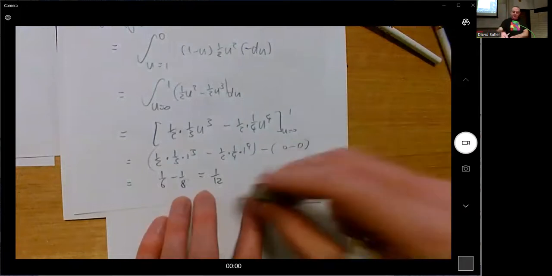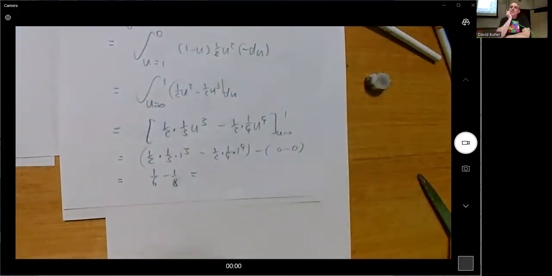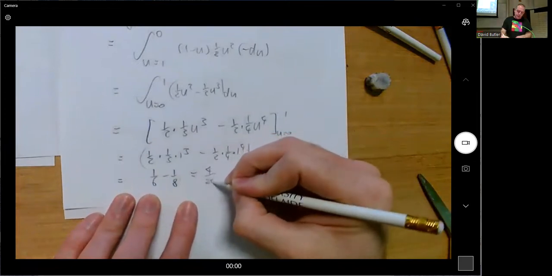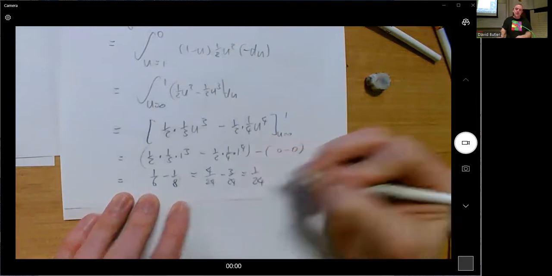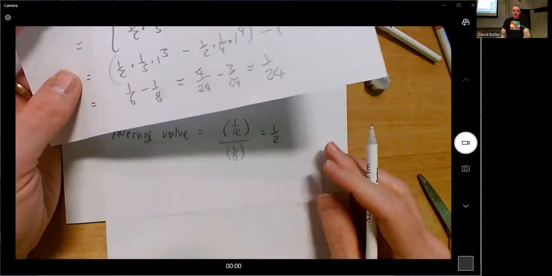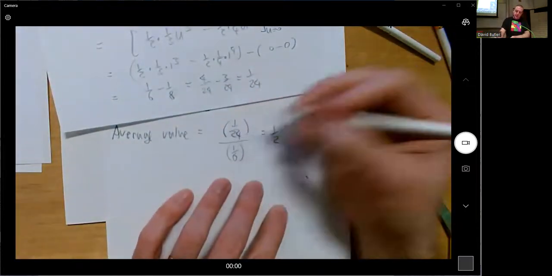Thank you. So it was right at the end. I'm glad I didn't have to fix it earlier than that. And a 6th minus an 8th is apparently a 24th, because that would be 4. Okay, cool. So it was a 24th divided by a 6th, which is a quarter.